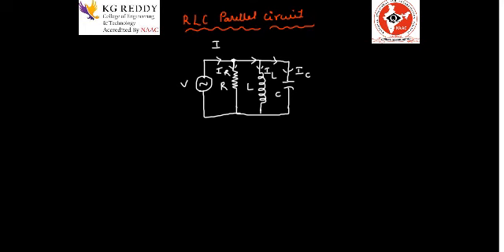These are the three currents, IR, IL and IC. This is my total current I bar. Now, let V be the reference vector.